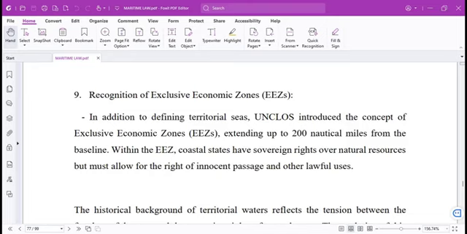Within the EEZ, coastal states have dominance, control, sovereign rights over natural resources, but must allow for the right of innocent passage and other lawful uses.